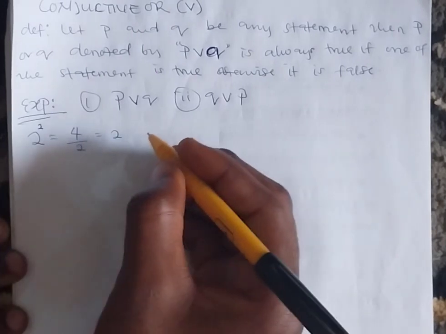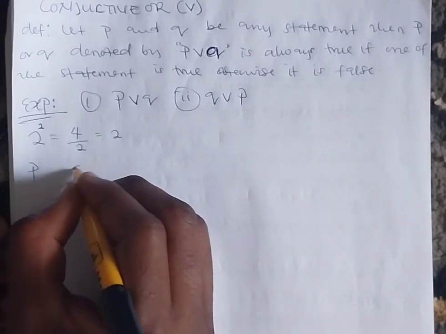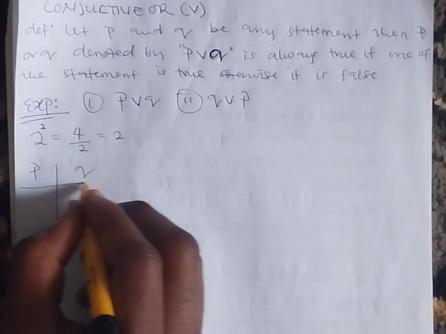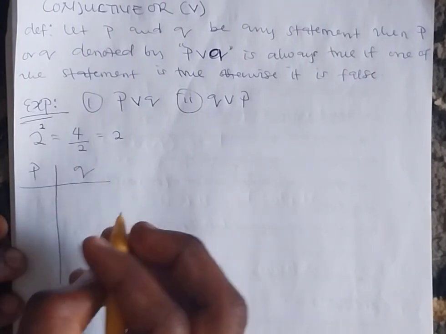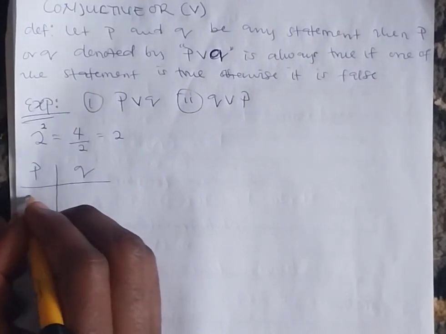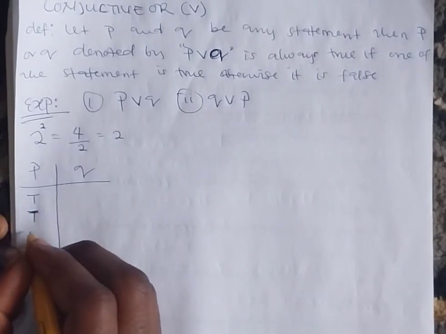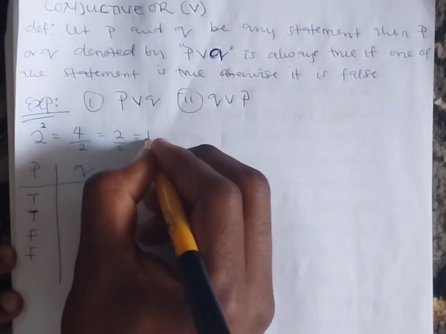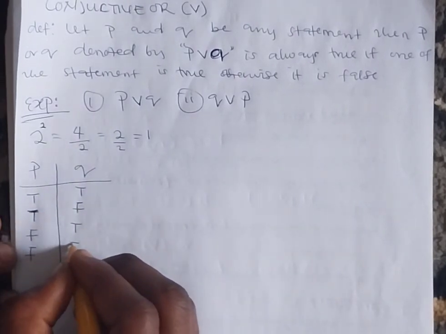Then in drawing your truth table, let's say you have P and Q. So now in the first column you're going to have true, then false. Then if you divide this by 2 again, you're going to have 1, which is true, false, true, false.